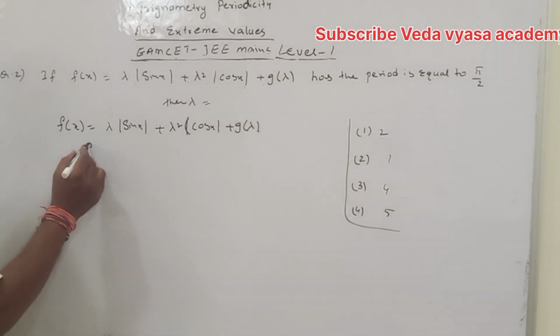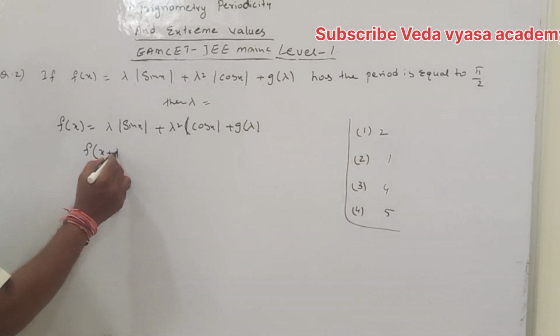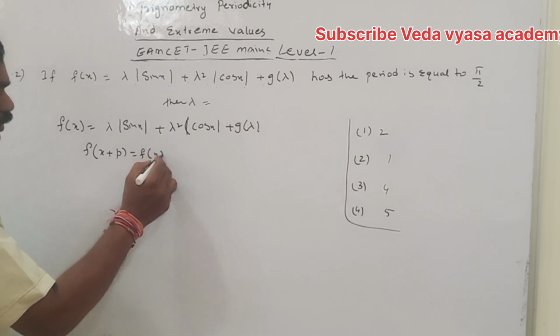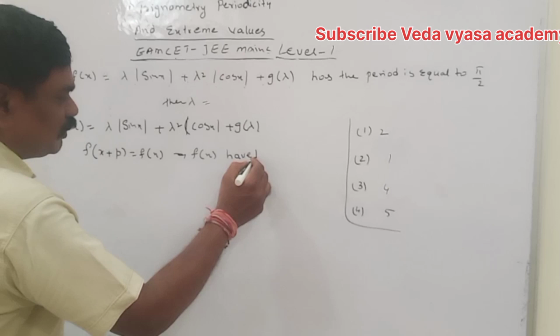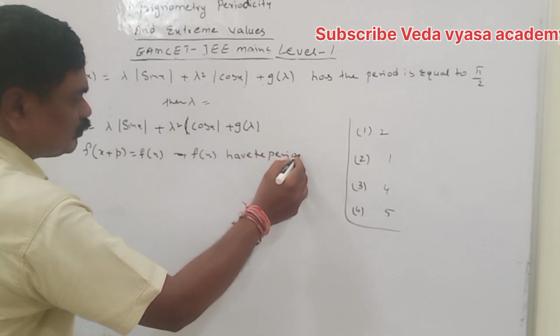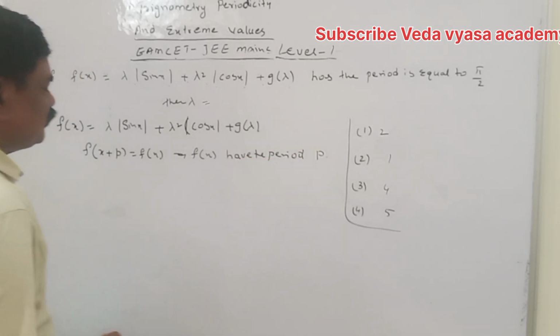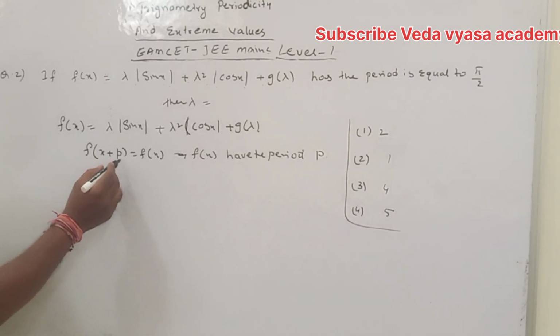Here, period means f(x + p) = f(x), where p is the least value of p.